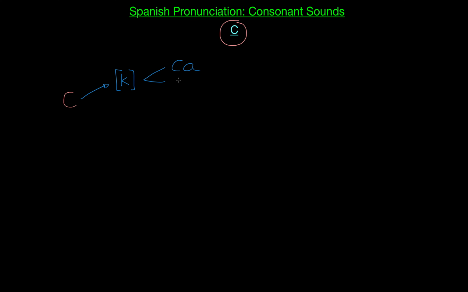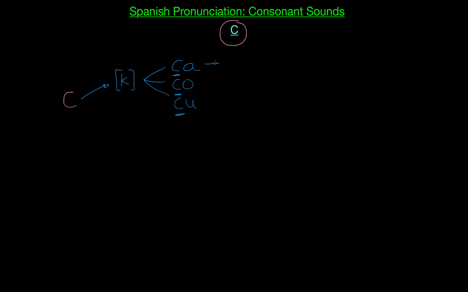When this C is before an O, ko, and when this C is before a U, ku, okay? So this is ka, this is ko, and this is ku. Let's look at some words that contain this sound.